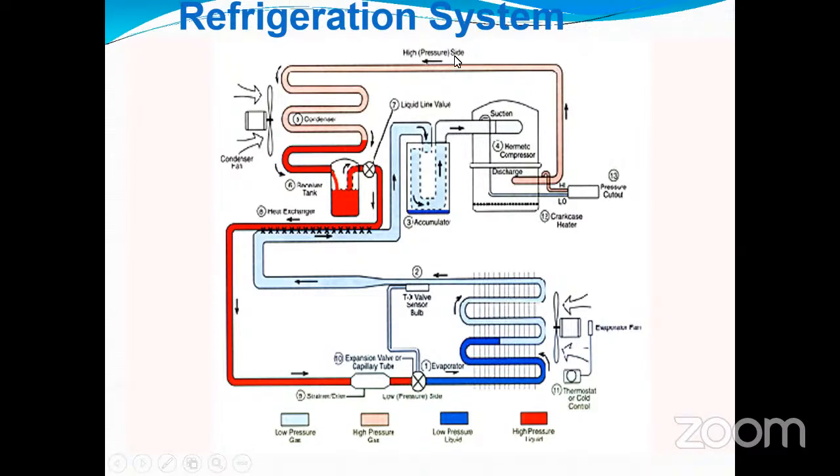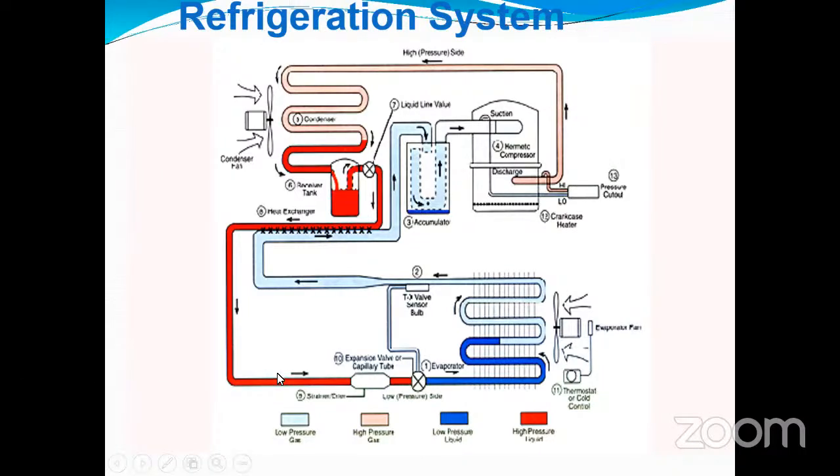In the condenser, it cools to low temperature and high pressure. Then it goes to the expansion valve, where the high pressure gas expands to low pressure and low temperature, and it goes to the evaporator.